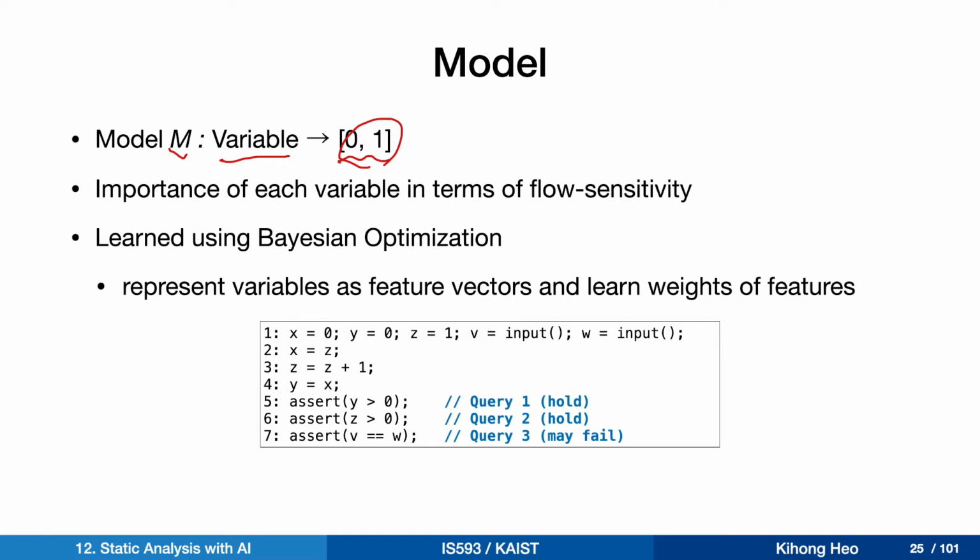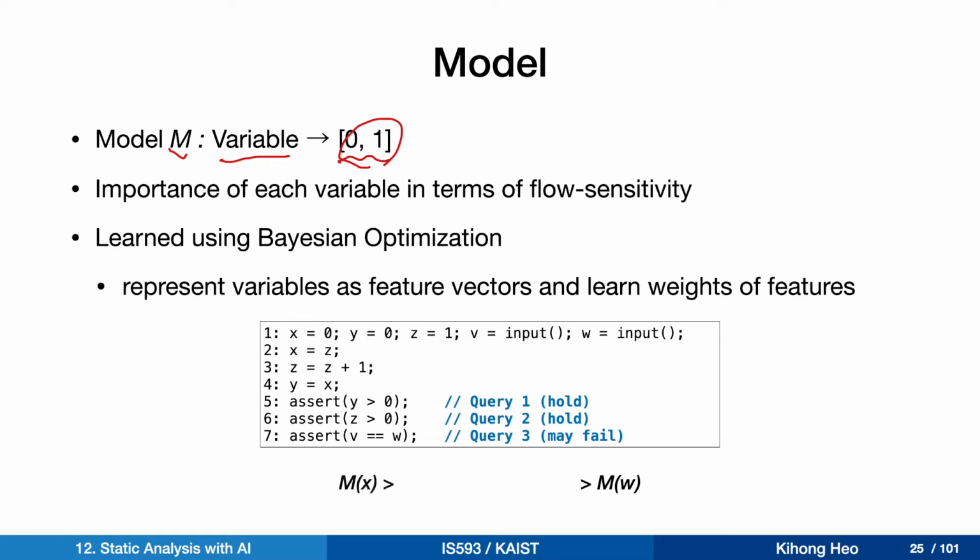Then we can obviously say variable W is not very important because the value of variable W is anyway unknown, whatever analysis is applied. So this is not a very important variable.